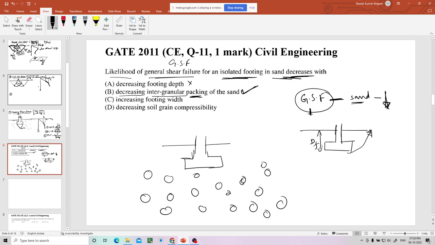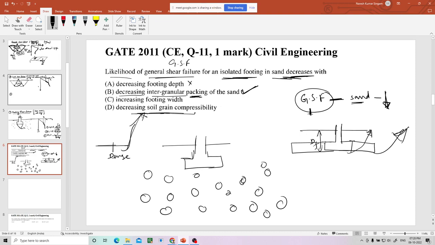So increasing the footing width, how is it related to general shear failure? It can reach the ground surface easily. And decreasing the soil grain compressibility. When you are decreasing the soil grain compressibility, that means the compressibility of the soil is decreasing. That means it is stiff, it is dense.